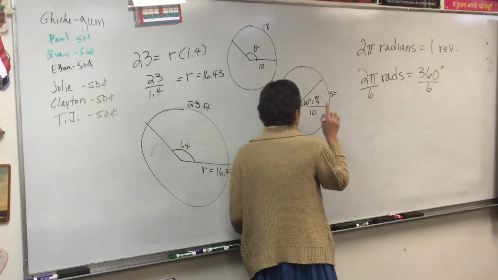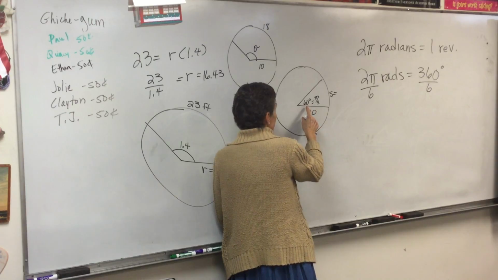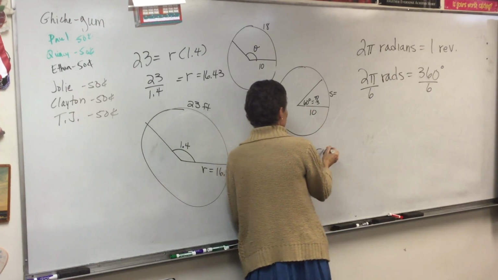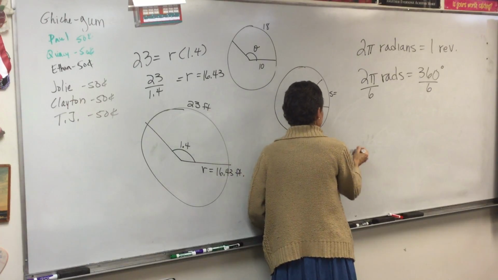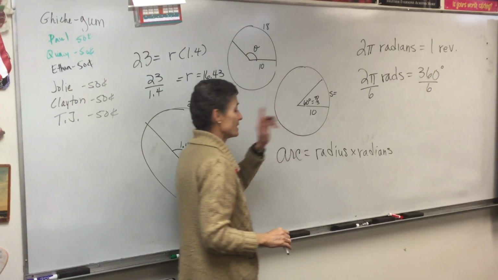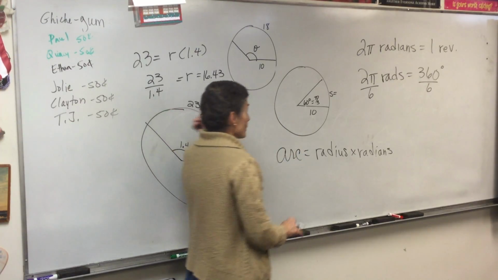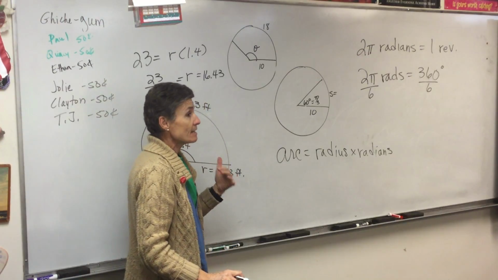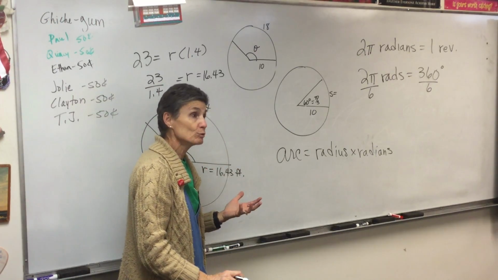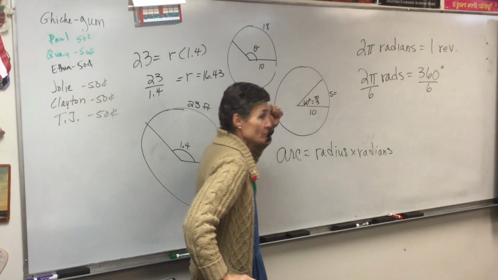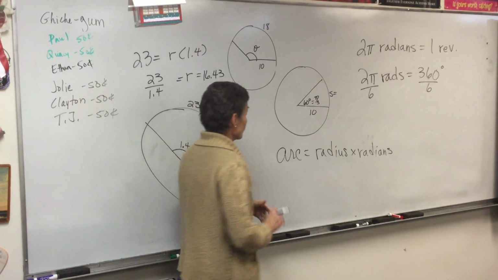Well, let's go back. The whole issue here was the central angle was in degrees, and we're using our formula that says arc length equals radius times radians. I couldn't do the problem in 60 degrees, so we figured out using our heads that 60 is a 6th of a revolution, so therefore it's a 6th of 2 pi, which is pi over 3.